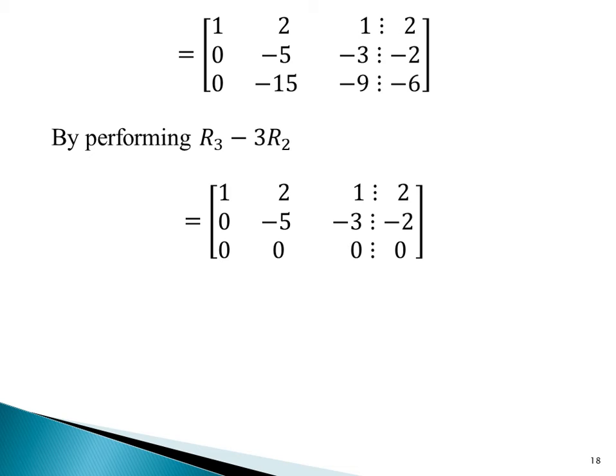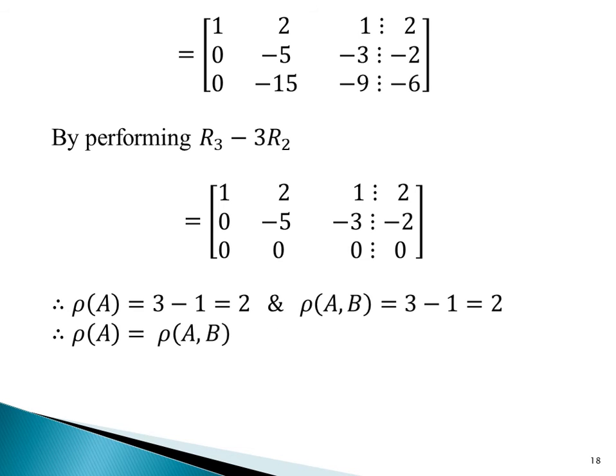Okay, so here you can observe that the total number of rows is 3, right, and the total number of 0 rows is 1, right. Therefore rank of A is equal to the total number of rows, that is 3, minus the number of 0 rows, which is 1. So 3 minus 1 is equal to 2. So the rank of matrix A is 2.